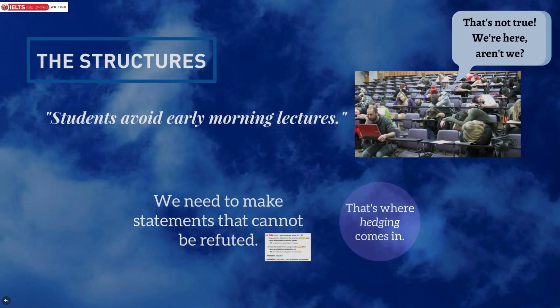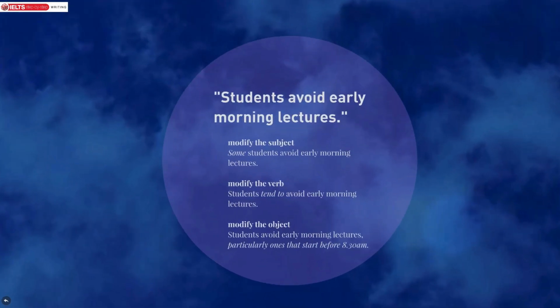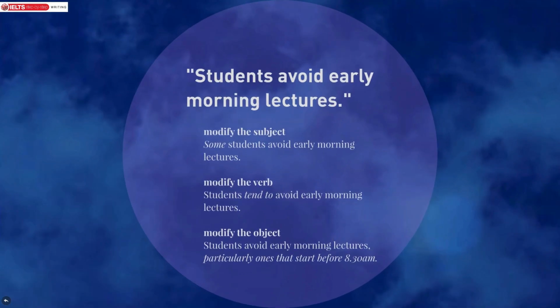That's where this hedging comes in. Right. So let's go and have a look at this. So students avoid early morning lectures. That's the statement, but it's too general. So what we can do, firstly, is to modify the subject. The subject here is students, the verb is avoid, and early morning lectures, all of that, is the object.